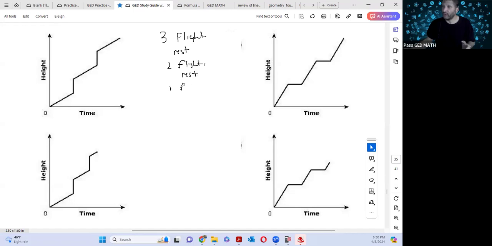And then 1 flight, and I'm at the top. So 3 flights, there's no rest. I'm still going up. There's no rest.